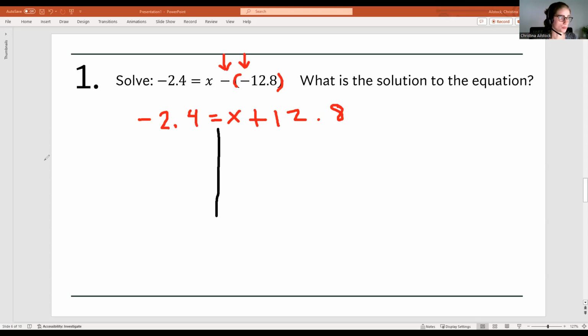Well, in order to move this plus 12 8/10 over to the other side, so our x can be alone, we have to do the inverse. The inverse of addition is subtraction. The inverse of that positive is a negative. So we're going to subtract 12 8/10 from both sides.